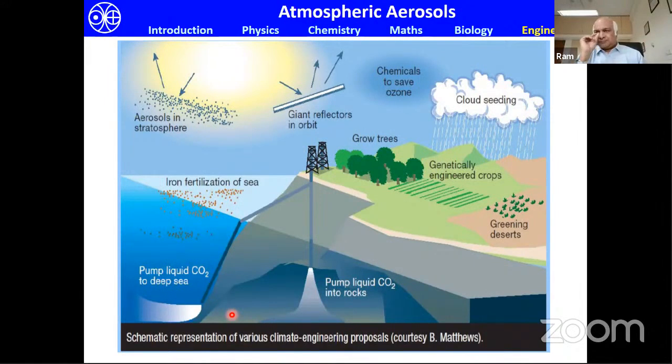So the common methods or technology wherein we actually do what is called reverse engineering is also called geoengineering, meaning climate intervention. You engineer the climate using the geography, everything.